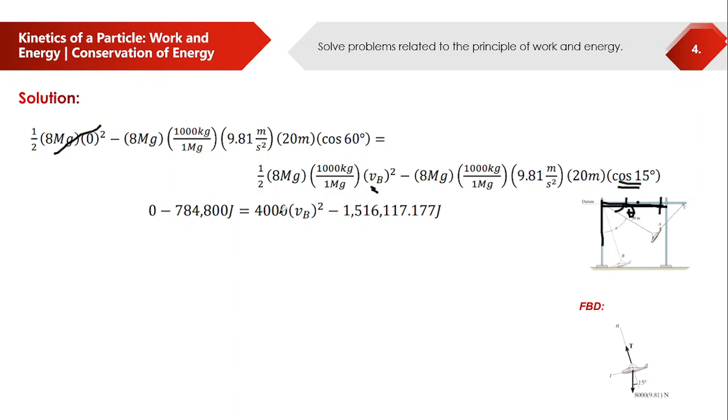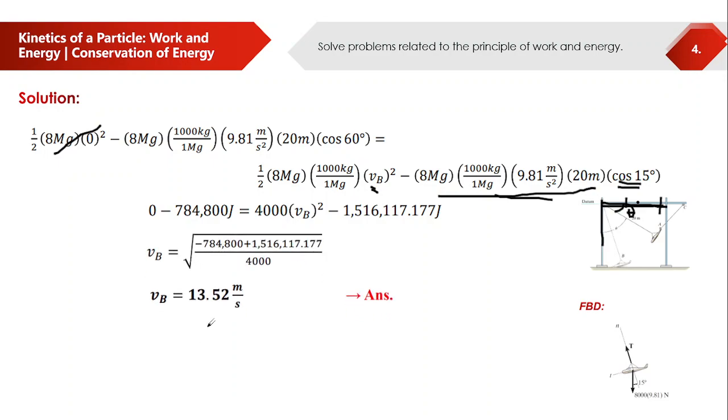And 1/2 of the 8 megagrams will be 4,000 kilograms. No? Minus the potential energy, okay? The potential energy before it crashes will be 8 megagrams times this. So, that will be 1,516,117.177 joules. Solving for your V, V is 13.52 meters per second.